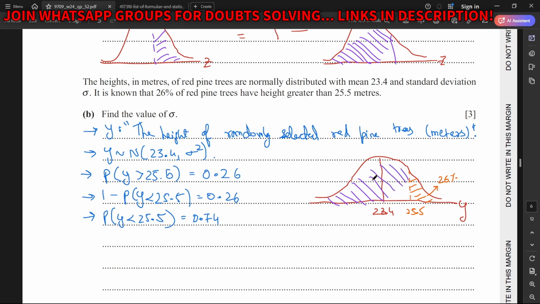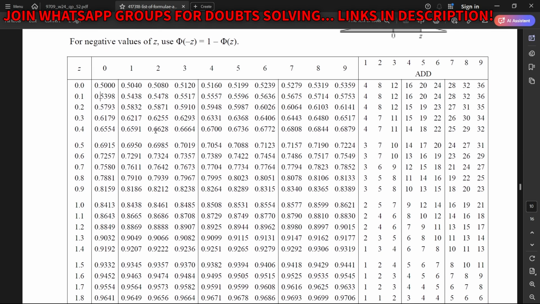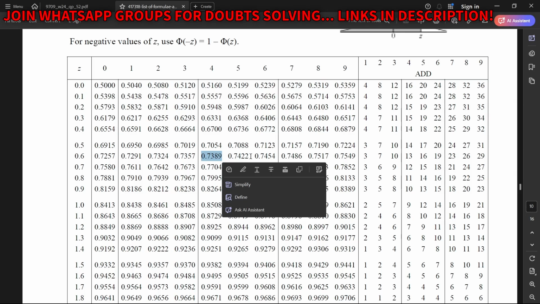Based on this, I can use my table to find the value of sigma. How? I know that my value of z will be the observed value minus the mean, over sigma. So what is the value of z for my probability to be 0.74? I'll take my table, and 0.74 is somewhere in between this value and this value.